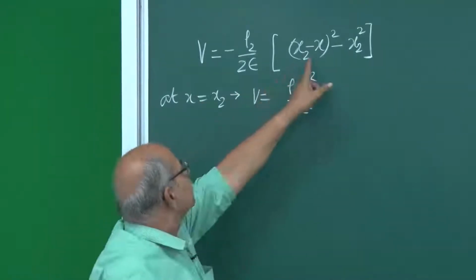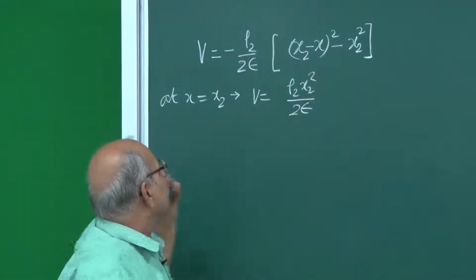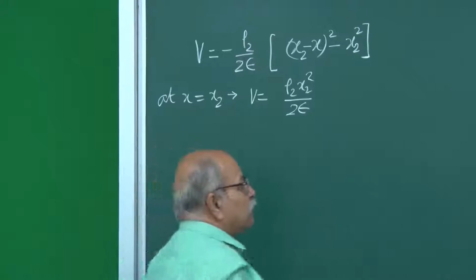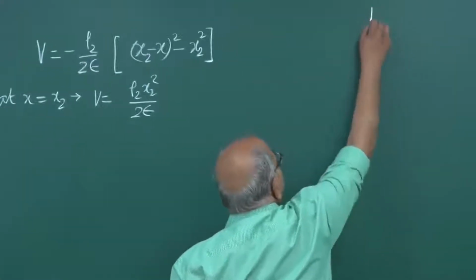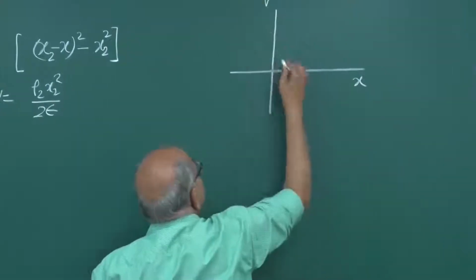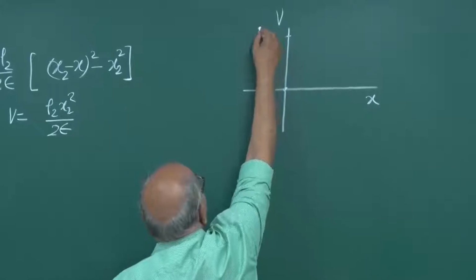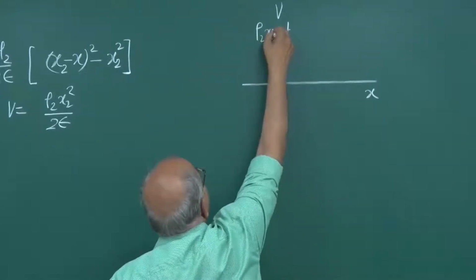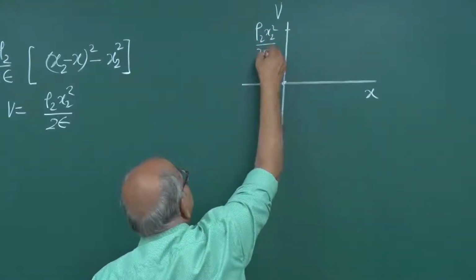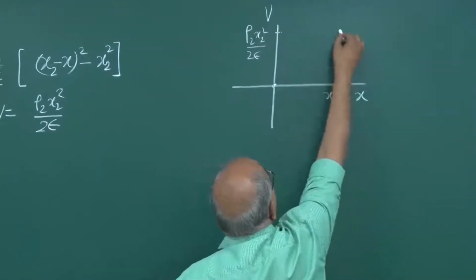If you draw x in this direction and V in this direction, it's 0 here, and then this is rho 2 x2 square over 2 epsilon, and at x equal to x2 it must be this much, so it's here.